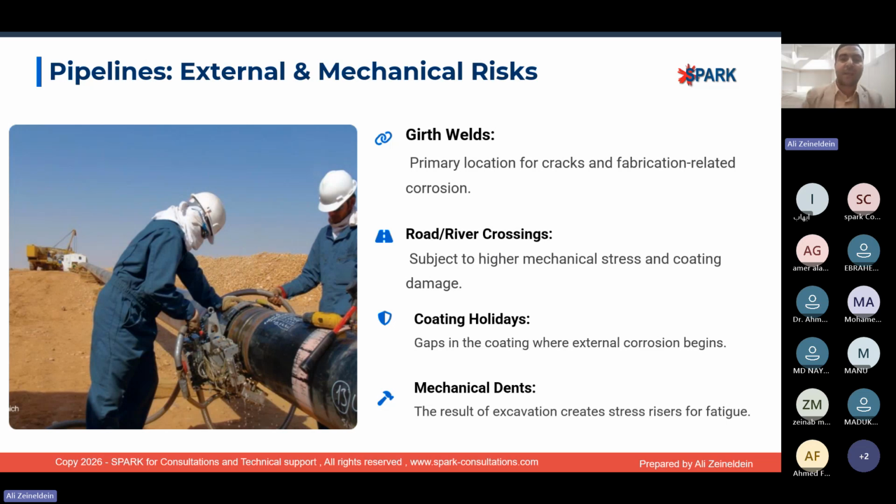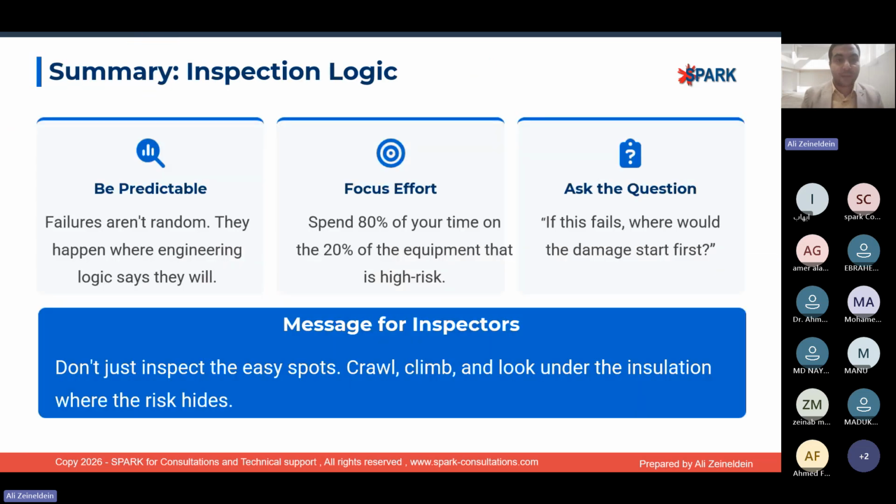We have some areas that need to be focused on, for example girth welds in the pipeline, road or river crossings, coating holidays, and mechanical dents if in place. These are the most high-risk areas where damage may occur at any point of the pipeline.